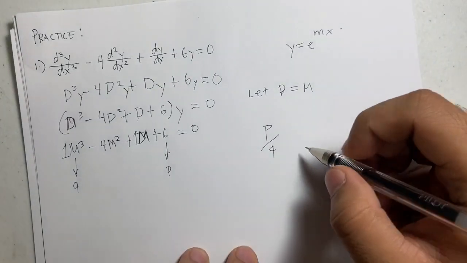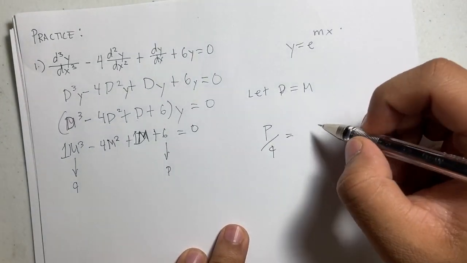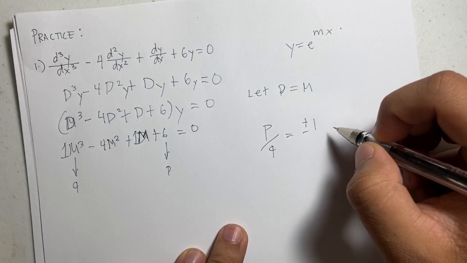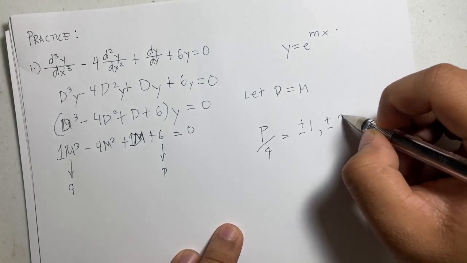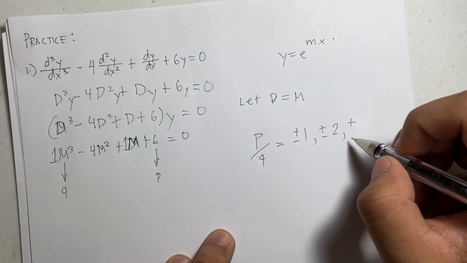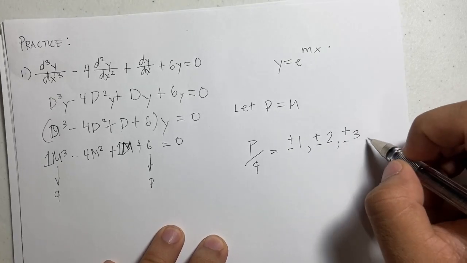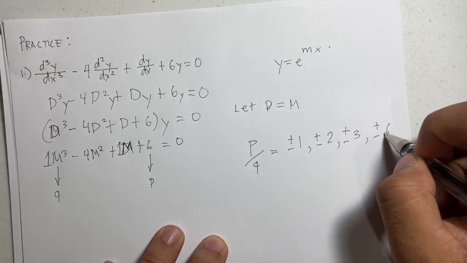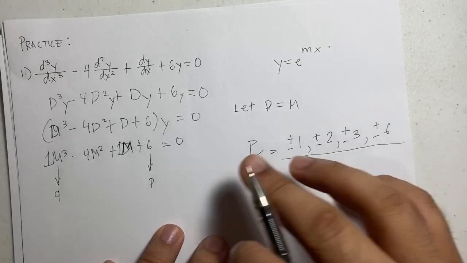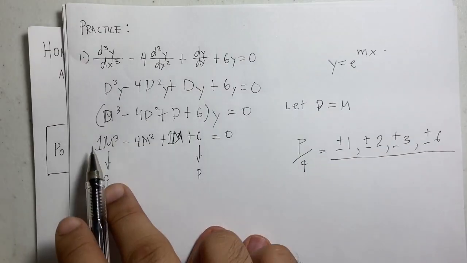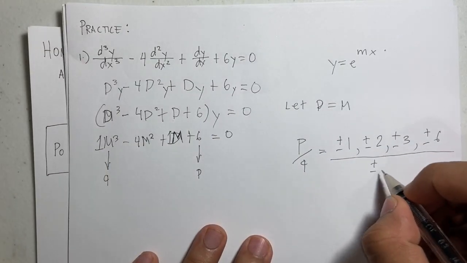So our p/q equals positive or negative 1, positive or negative 2, positive or negative 3, or positive or negative 6 over q, which is our q is 1, so positive or negative 1.